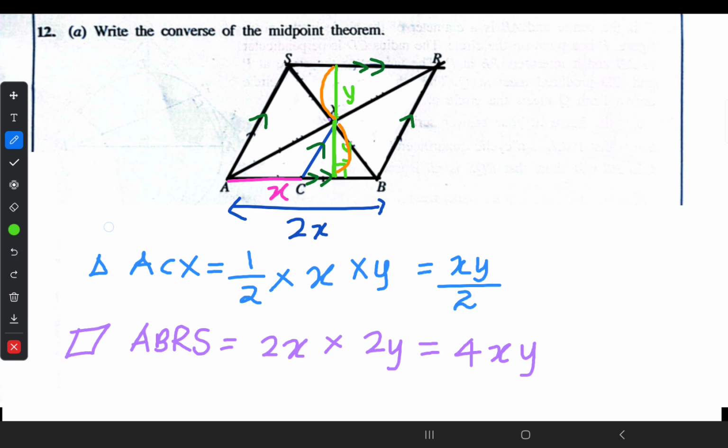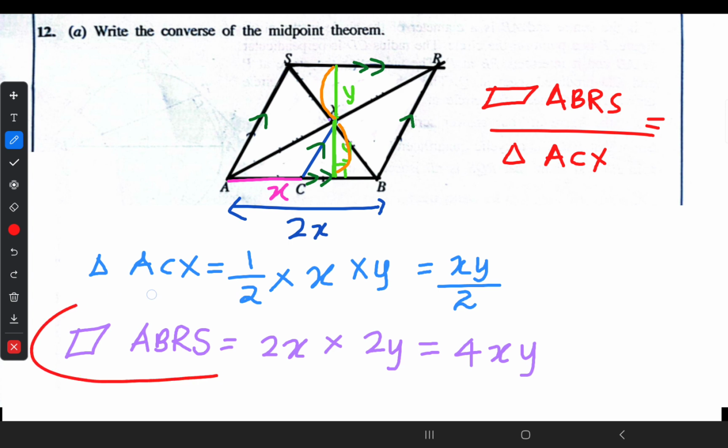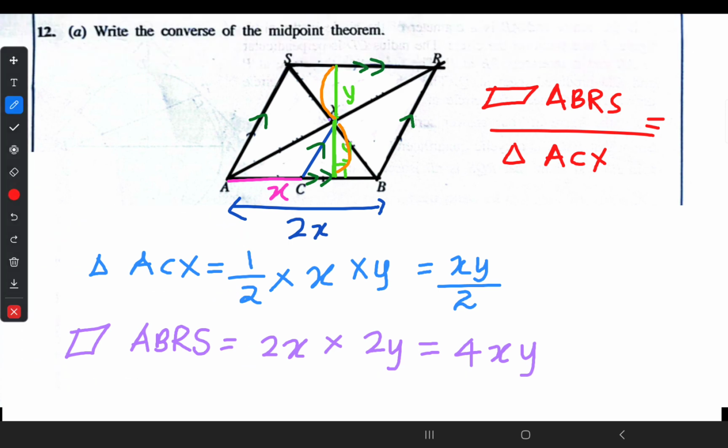Next, what do we need to show? We need to show the relationship between them. First, I am going to divide the area of parallelogram ABRS by the area of triangle ACX. This one should be divided by this one. Think about simultaneous equations likewise.